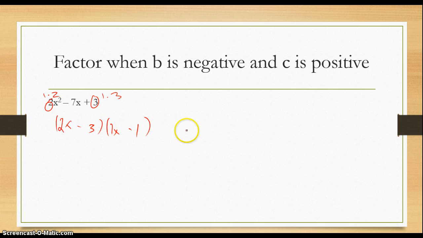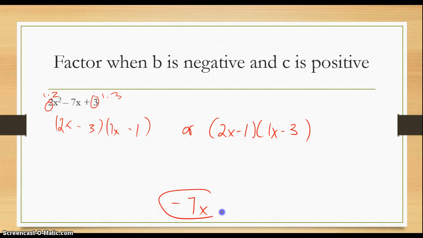Should I go with this one or this one right here? And again, the main thing in the end is when you FOIL it, you have negative 7x in the middle.